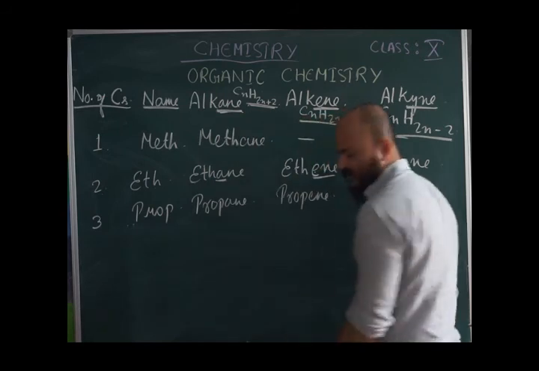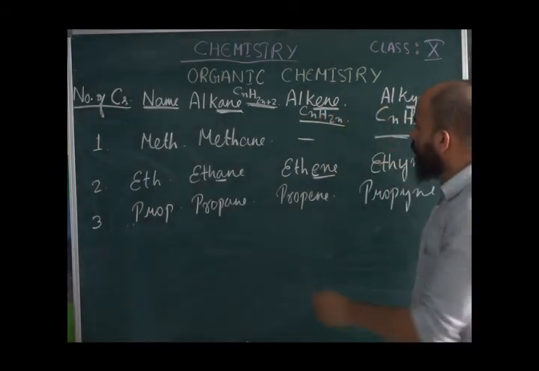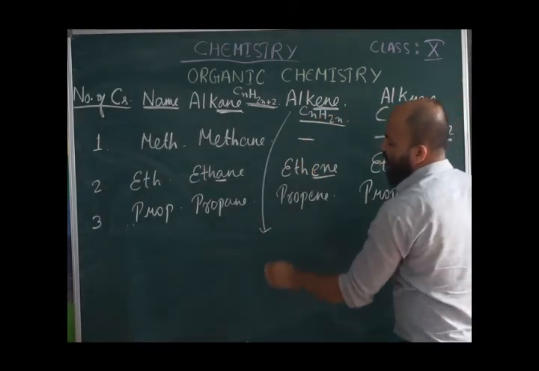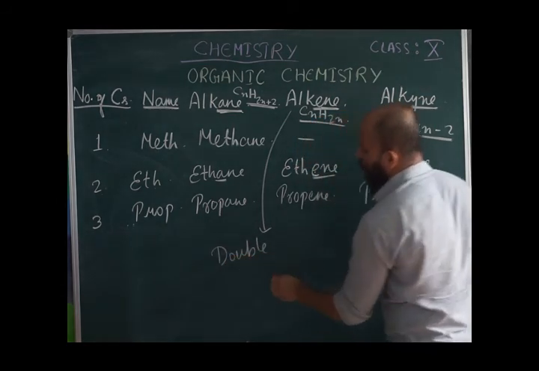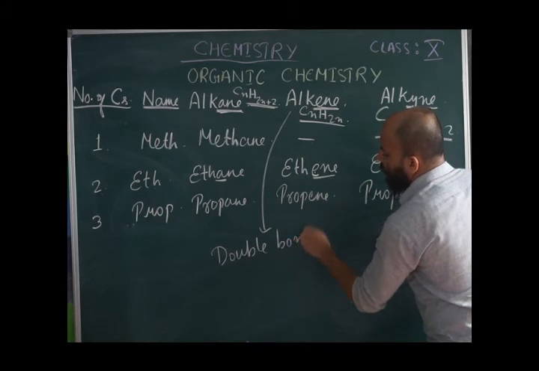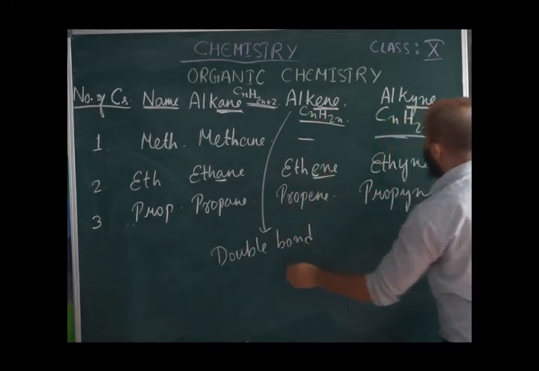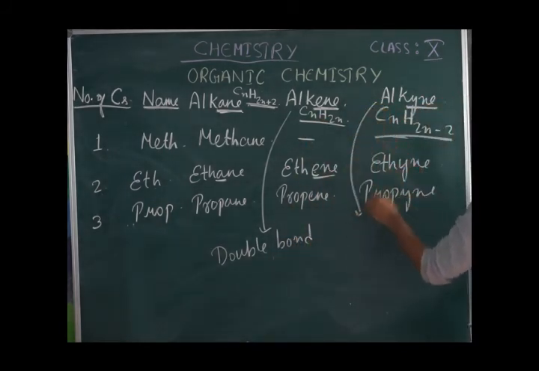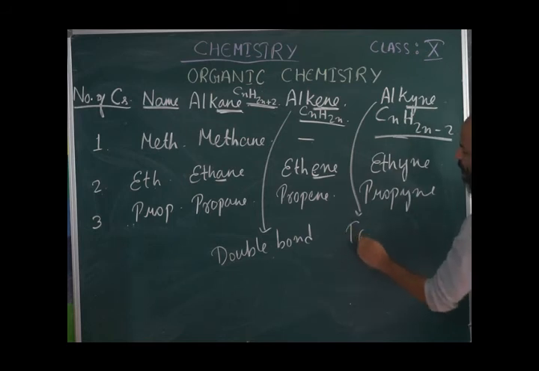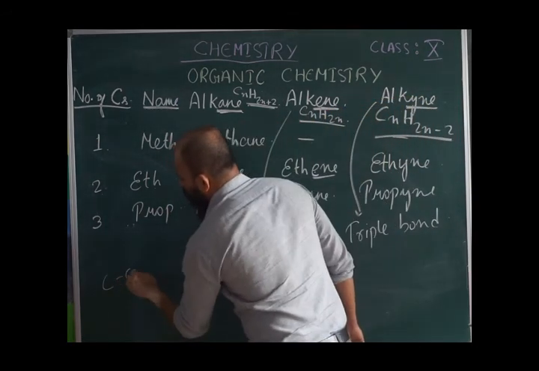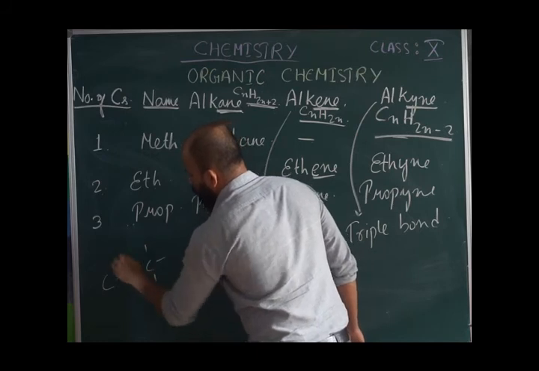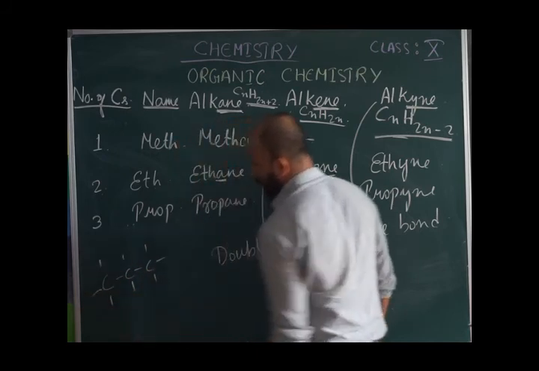One more thing I would like to say here is, alkenes contain a double bond. Okay? A compound of alkene contains a double bond. A compound of alkyne contains a triple bond. Now with the same formula of propane, you have 1, 2, 3 carbons and hydrogens. This was your propane.